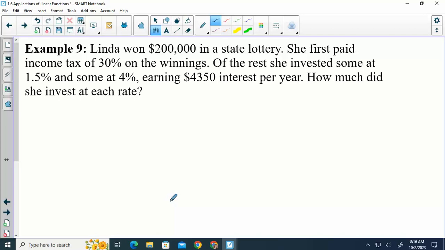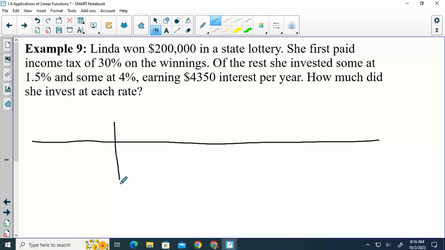So what do I do? Make a chart. We're talking about interest, so I know I need a chart with the interest formula across the top. Principal times rate times time equals interest.